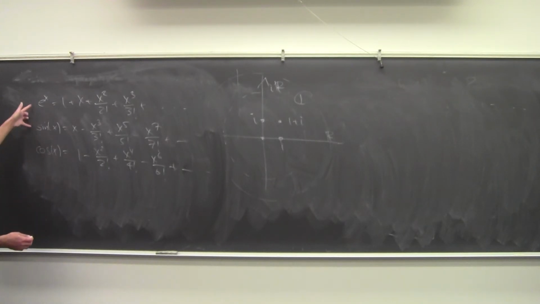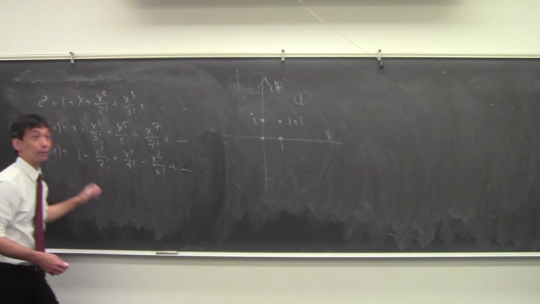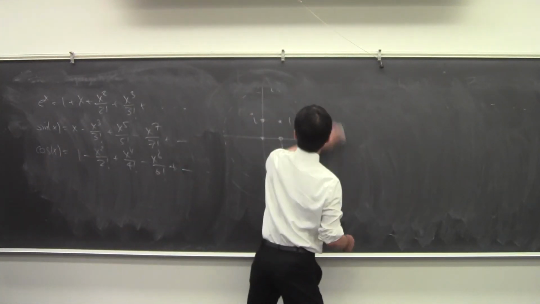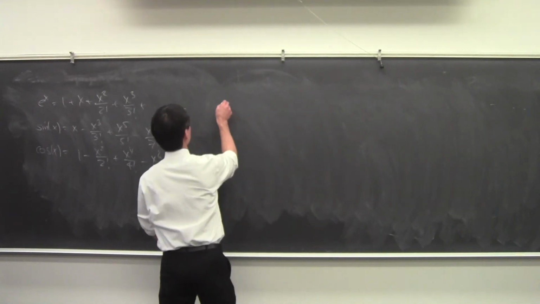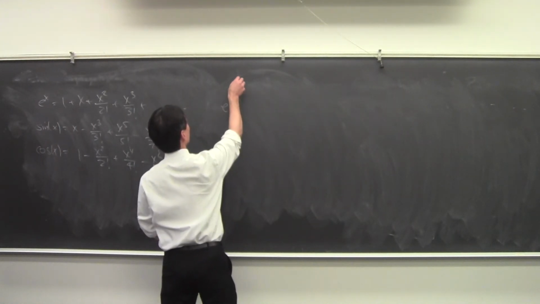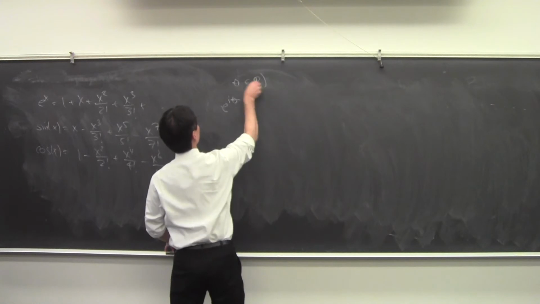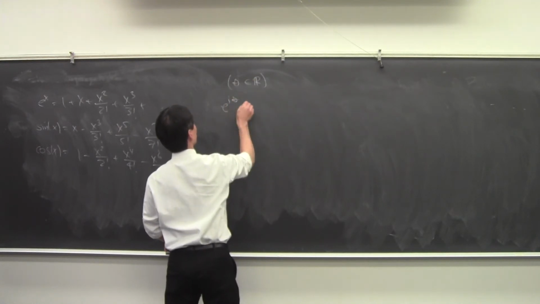This is actually how you define e to the complex number, sine of some complex number, cosine of some complex number. So for example, what is e to the i times some number theta? Theta being some real number, e to the i theta.